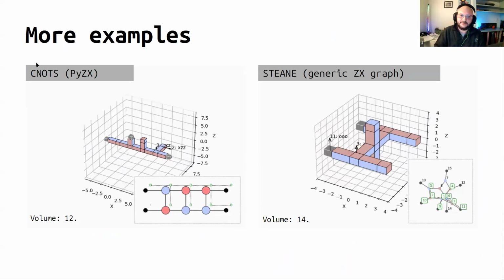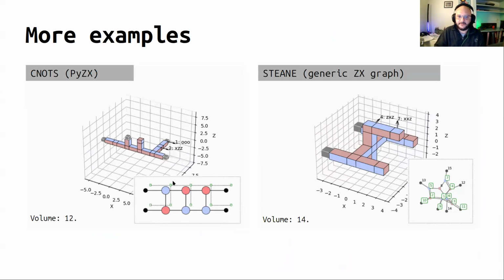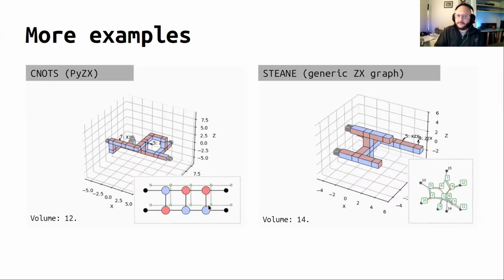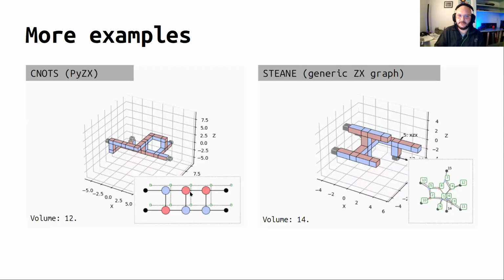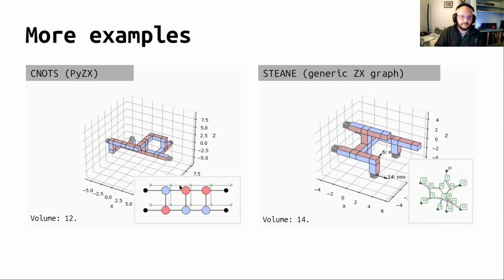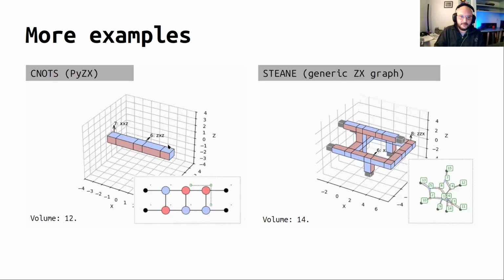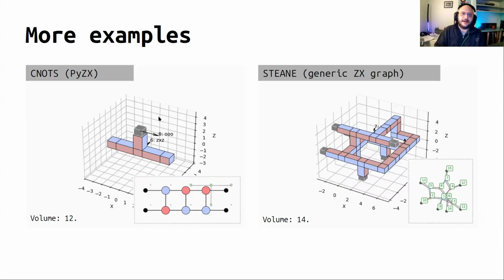Also, let's focus here on the CNOT. It's about to finish and it will start again. You'll see how the process matches the input ZX graph. It should start in a couple of seconds, maybe. There. It goes edge by edge. Placing block, placing block, placing block.